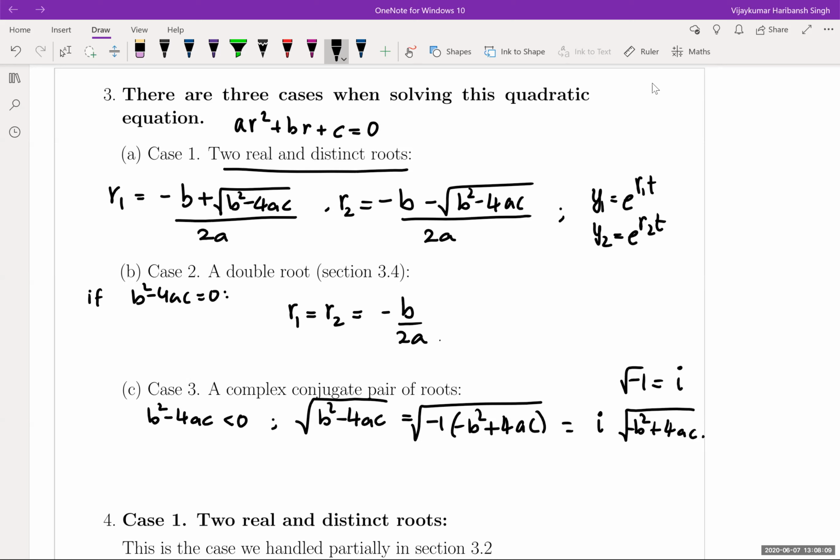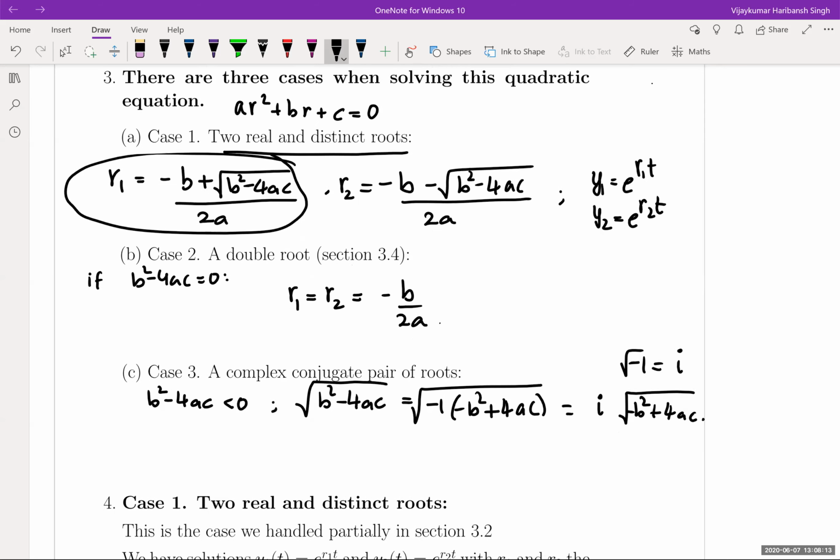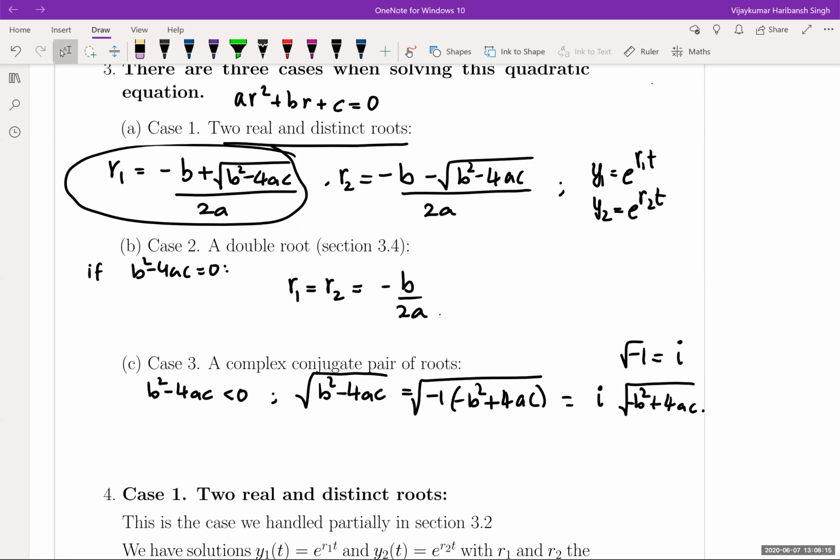When you plug it into this solution, the solutions are of the form minus b plus or minus i times square root of 4ac minus b squared over 2a.